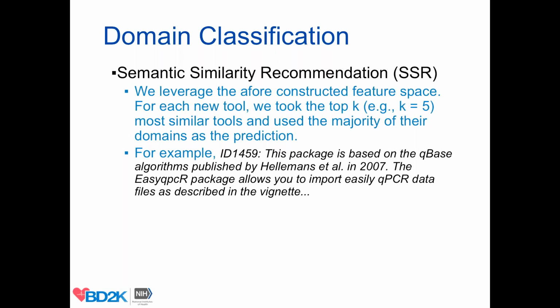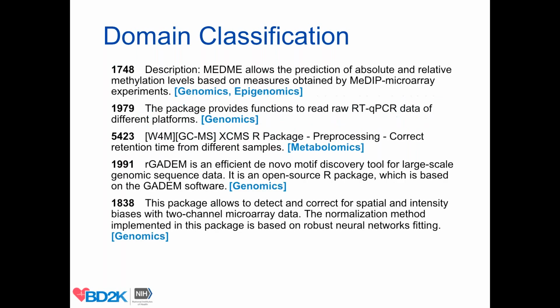Here is an example I want to show you about the Q-based algorithms. This package is based on the Q-based algorithms published by Hellemans et al. in 2007, and we want to predict the domain of this tool. So we index all our database and find the most similar 5 tools.